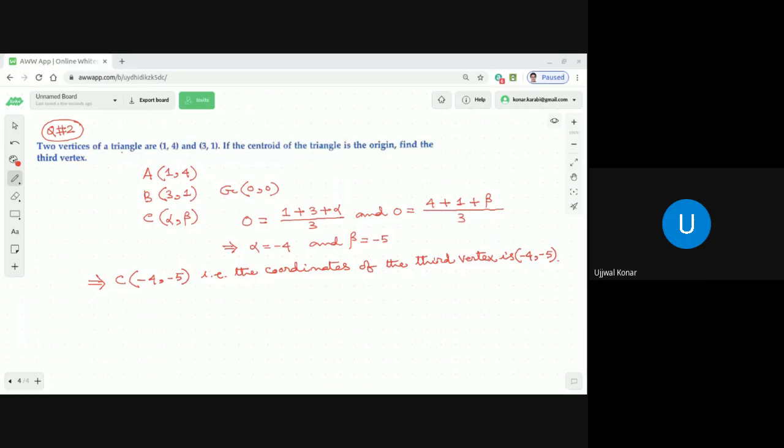Now, before we conclude our class, as you remember, in the last class we discussed the section formula. I hope you remember the section formula quite well. Yes, sir. Okay. This is very important that you remember the section formula.